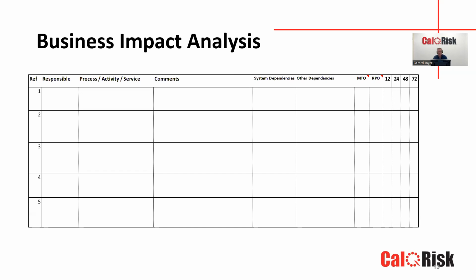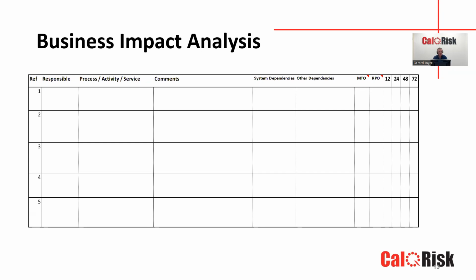The last few columns there, the maximum tolerable outage. How long can you afford not to be delivering the service? Recovery time objective goes down. How quickly do you need it to be restored after you press the button? It will generally always be less than the MTO.